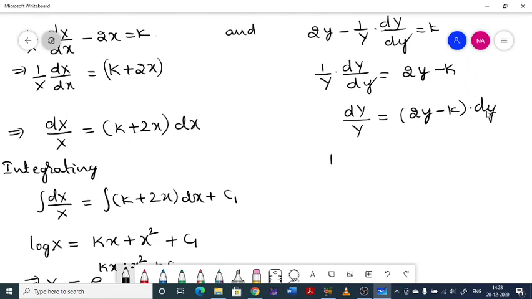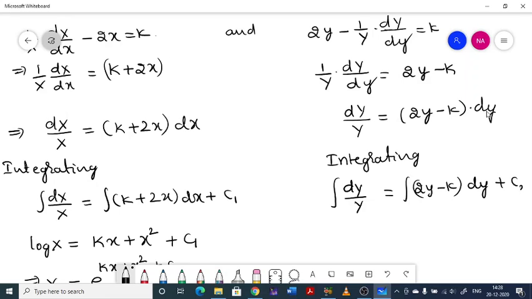Now integrating, integral dY by Y equals integral of 2y minus k into dy, plus the constant c2.